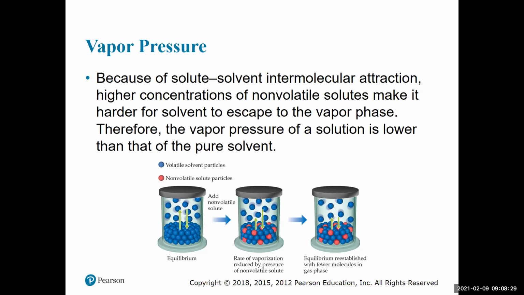So it's kind of neat, I think, because we've spent a lot of time talking about these intermolecular interactions, and how for solutions, once again, you have solute-solute, solvent-solvent, and then solute-solvent interactions.